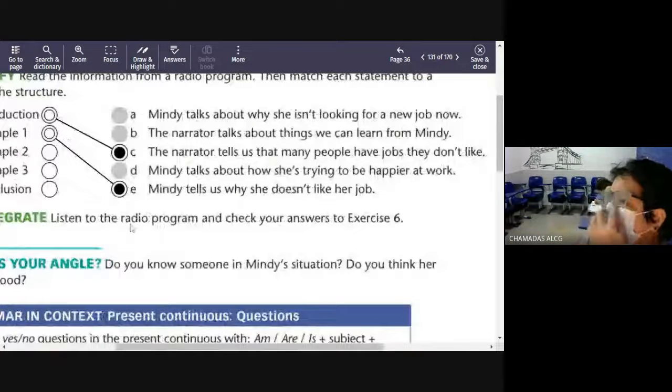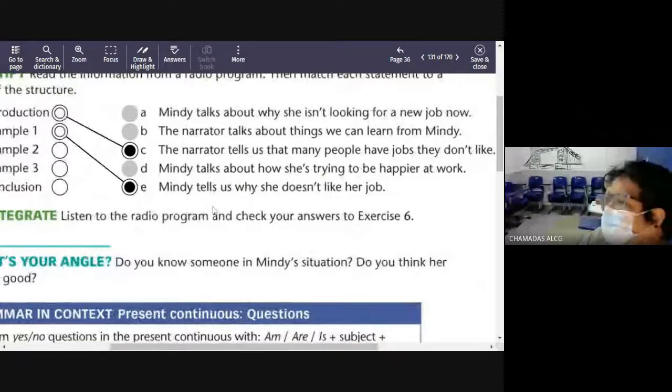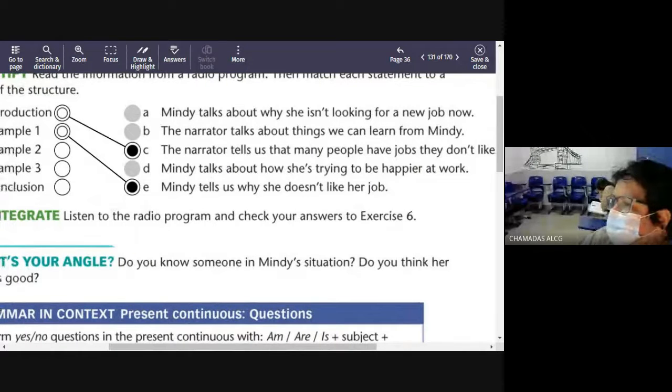I would say the first one because she would say why she doesn't like the job she has. So first, she doesn't like her job.